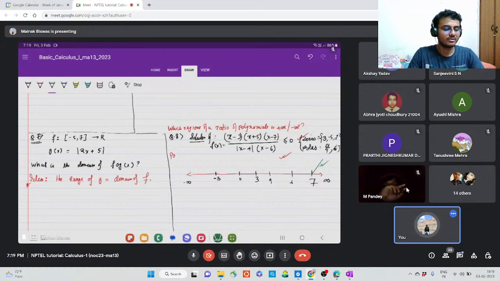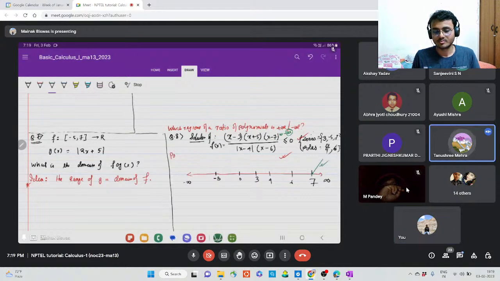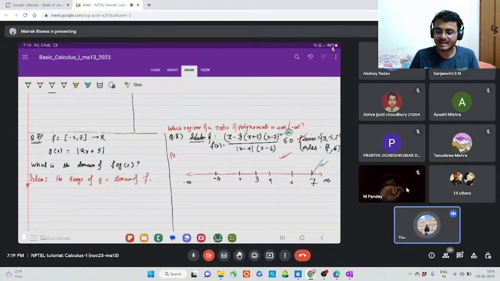Yes, you'll always have a sign change. Why will it happen? This is a positive number, right? Presently it's positive up to 7, where it becomes 0. Now this factor becomes negative, right? Any number less than 7 minus 7 would be a negative number.